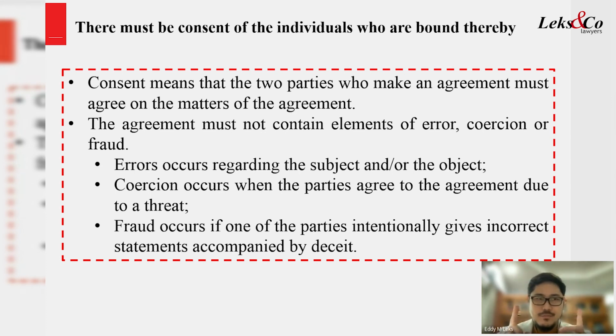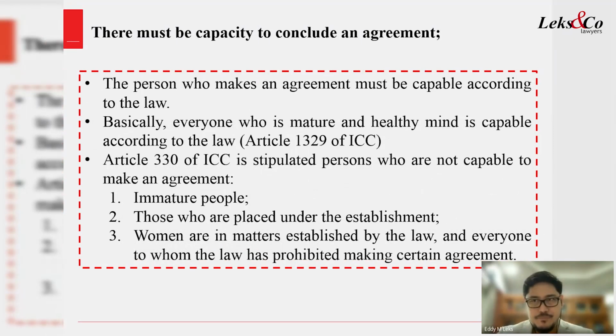Okay, we're talking on the first element. Now we are talking on the second element. The second element is the capacity. The capacity refers to whether you are entitled to represent yourself to enter into an agreement. So the first rule of thumb is whether you are mature or not.